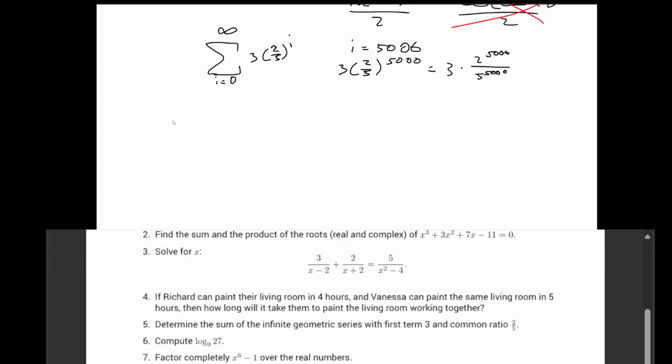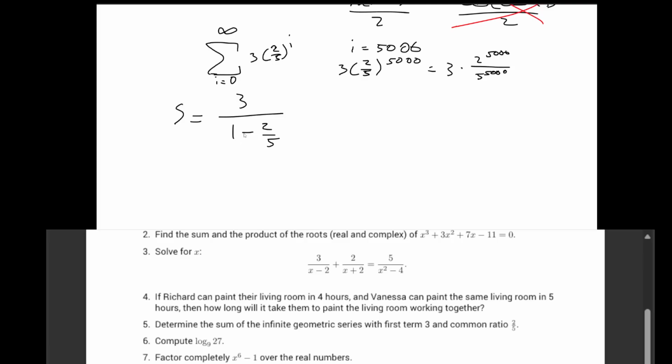But anyway, plugging this into the formula here, we'll get S equals a sub 1, which is 3 over 1 minus 2/5. And it didn't tell us to simplify, so this is an acceptable answer. And this is College Board standards right here. If you're doing an FRQ, you're allowed to leave your answer like this from my experience.